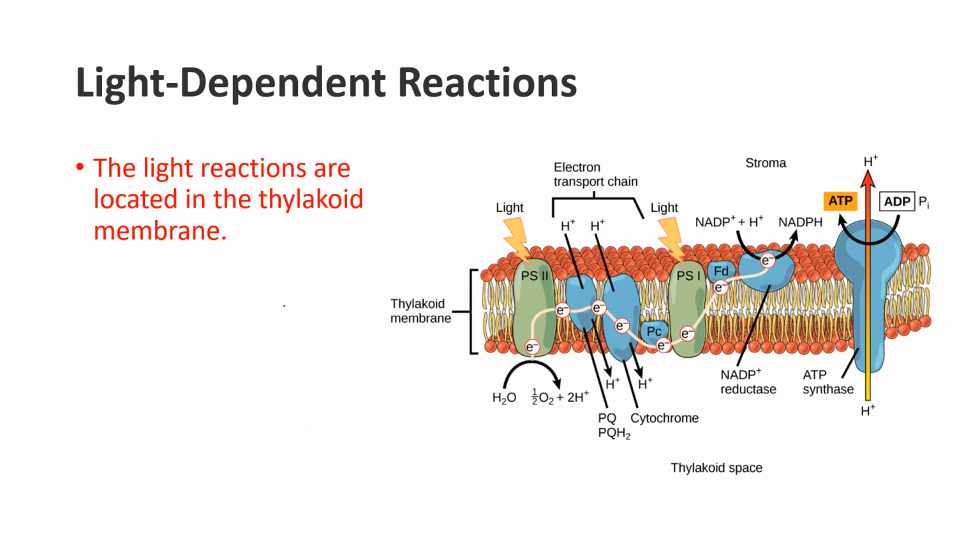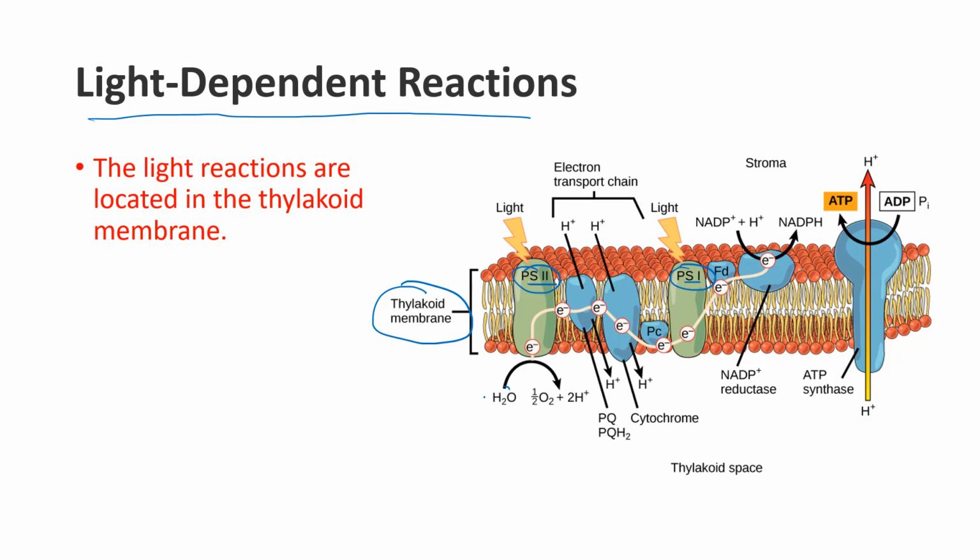So if we look at the light dependent reactions, remember they are located in the thylakoid membranes, and you've got multiple photosystems. So you can see this PS2 and PS1. That means photosystem 1 and photosystem 2.